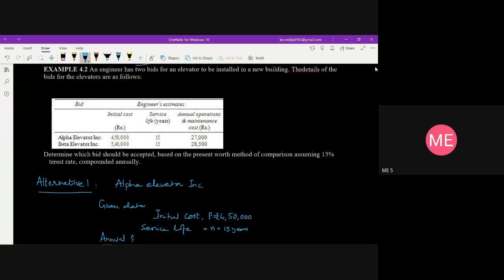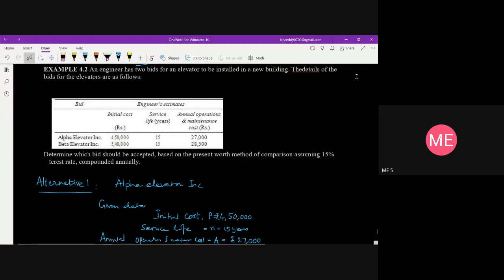And the annual operations and maintenance cost, which is annual, so that is why it is an annuity, A, is rupees 27,000 for this alternative.